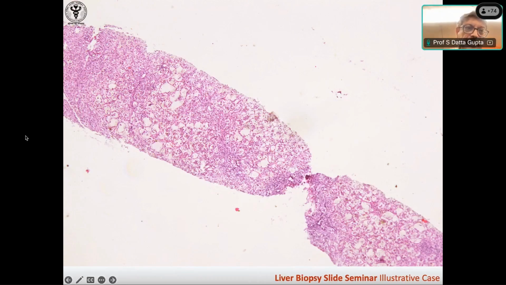See, we are finding almost a diffuse disease. Here you are finding large spaces, no? This one. This is a portal tract, right? It looks like that. Here it looks another portal tract. So this is away from the portal tract, maybe in centrizonal. So when it is away from portal tract, this zone 1, 2, 3, 2 and 3 are affected more. Things are away from the portal tract, right?